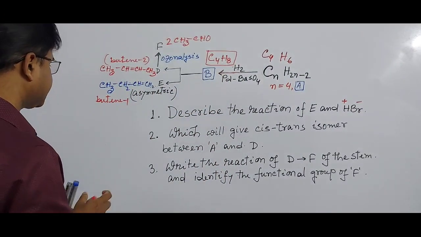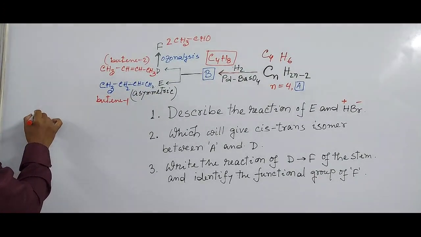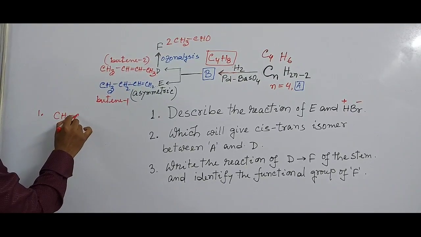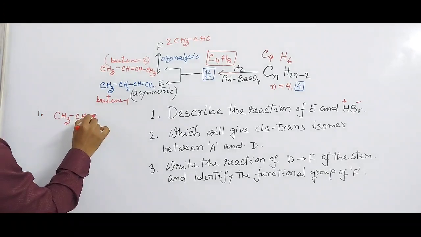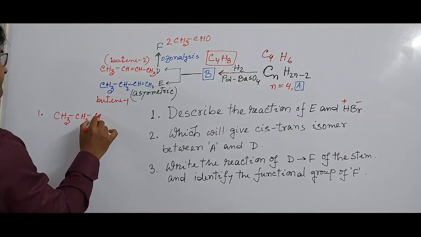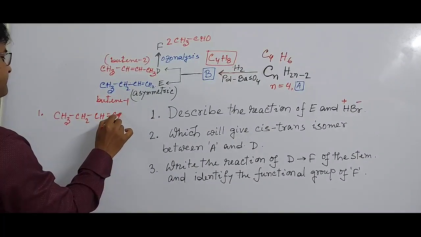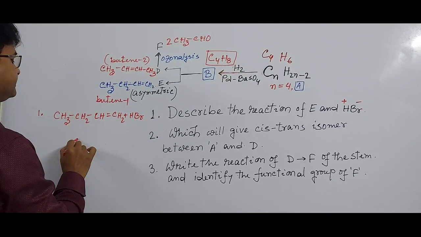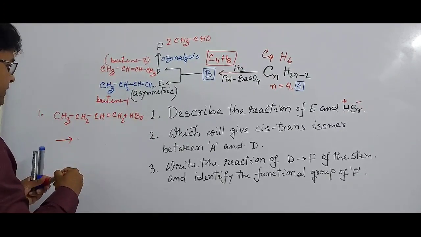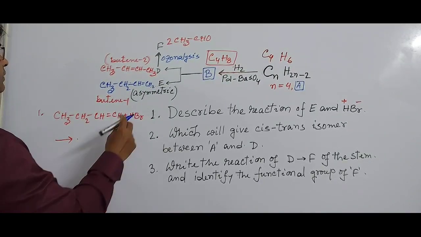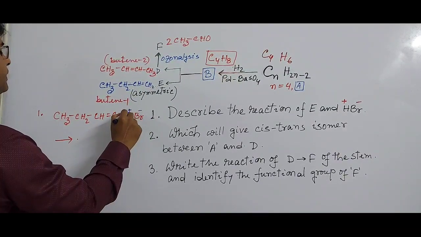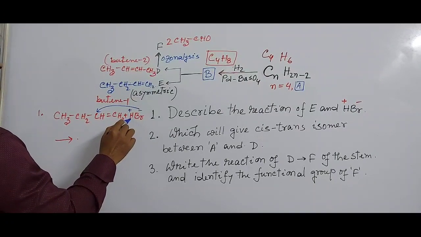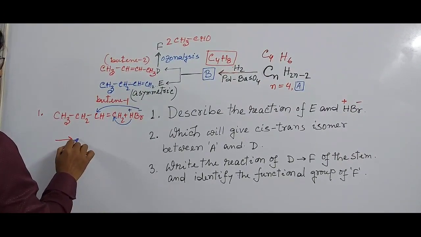When an asymmetric reagent reacts with an asymmetric alkene, the negative part of the reagent becomes attached to the double bonded carbon which bears the lesser number of hydrogen atoms.